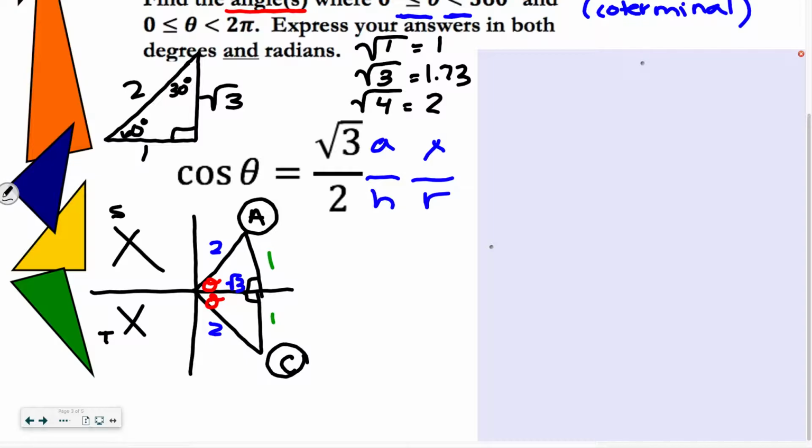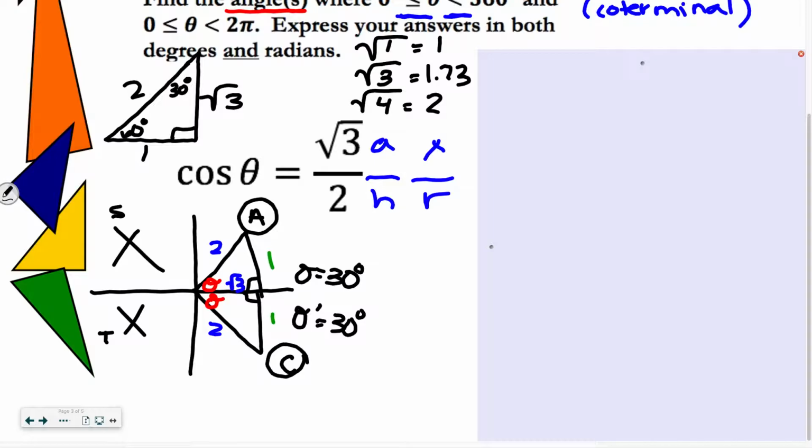That's 30. Okay. So in quadrant 1, that's just the angle that it is, right? 30. Now, what we're saying here in quadrant 4 is that theta prime is 30. Its reference angle is 30. So what would that angle actually be in quadrant 4?